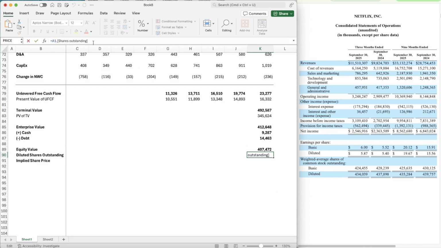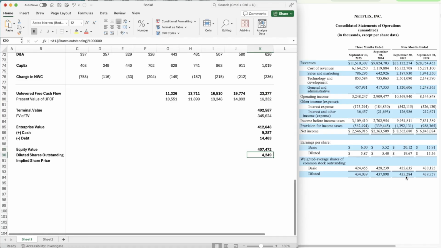So we'll just use this figure. Divided by 1 million? Okay, we'll take it as this, which will be 4352.